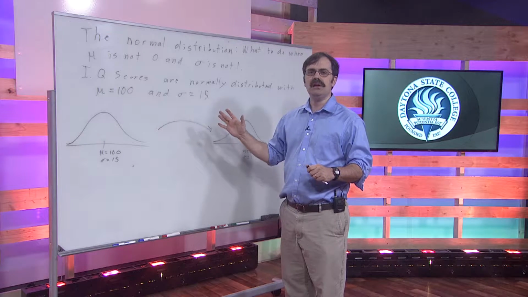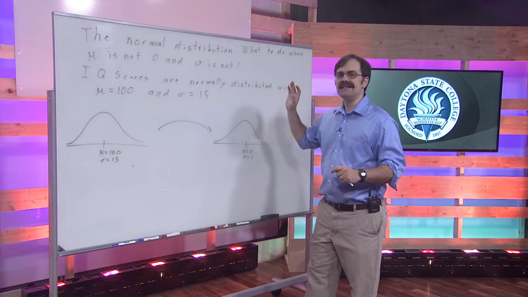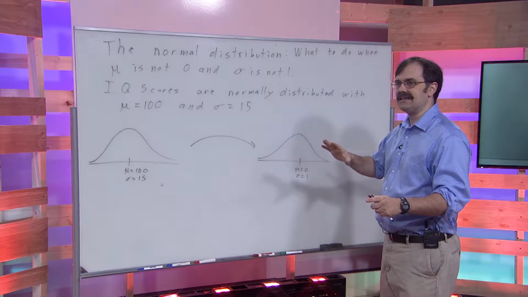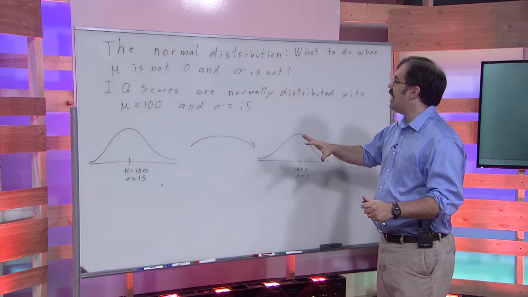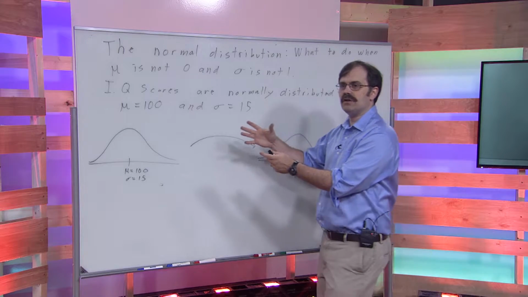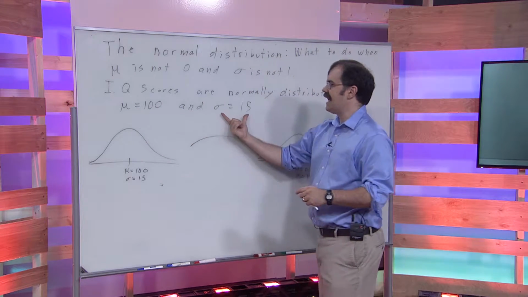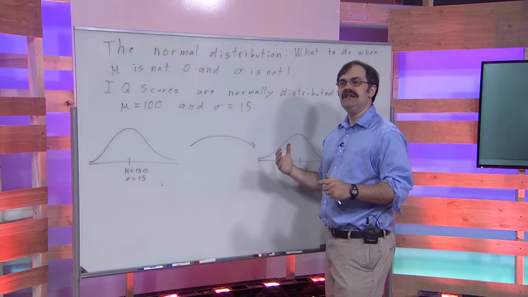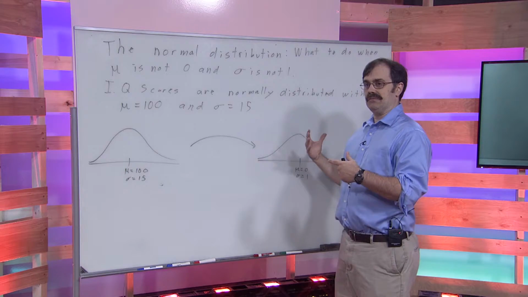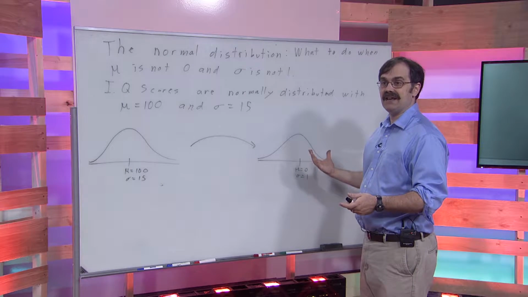In this section, we're going to take what we used in the last few sections and figure out a way to convert a problem that doesn't have a mean of 0 and a standard deviation of 1 into something that really has a mean of 0 and a standard deviation of 1.